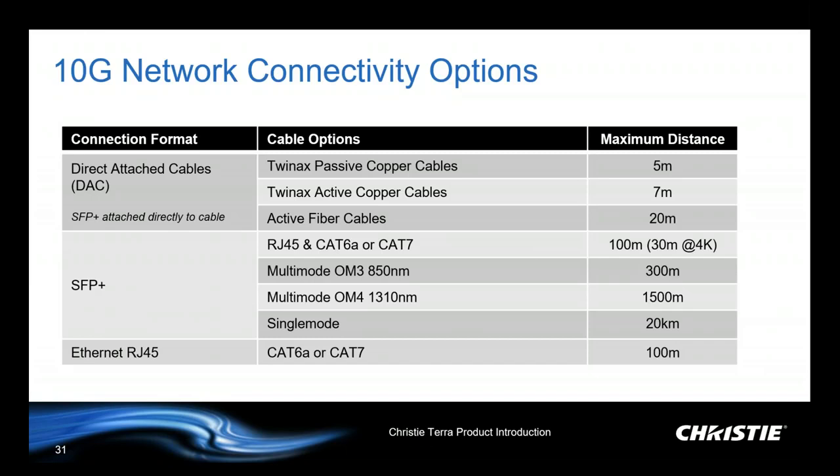It won't work on Cat 5. It needs to be Cat 6A or better. In terms of multimode, OM3, OM4, the frequencies are a little bit different there. You can get between 300 meters and 1500 meters. And what's being used more and more now is single mode fiber, which goes up to 20 kilometers.